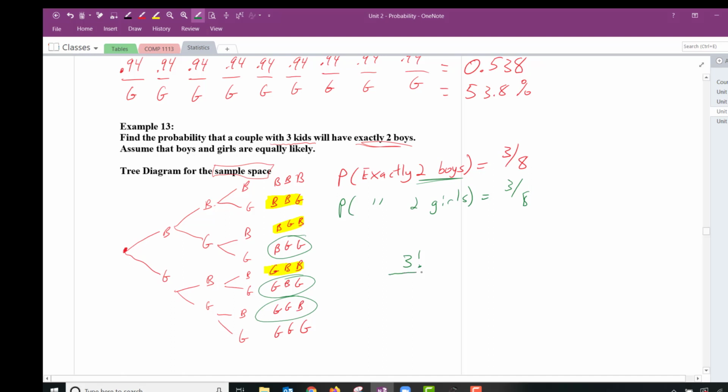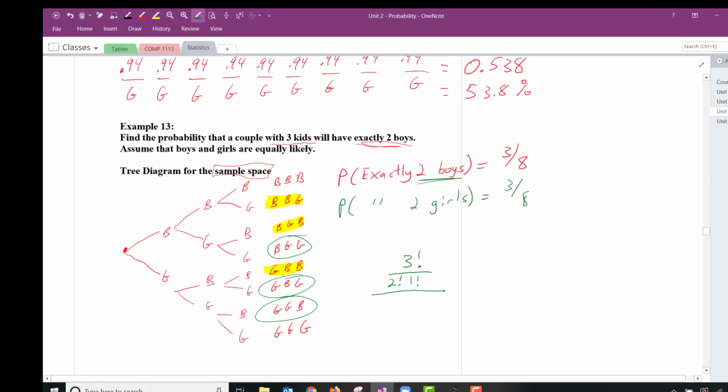So I need to account for that by dividing by the 2 boys in the group, who are indistinguishable because they make my group 2 boys and 1 girl either way. And then I have 1 girl. That's that Mississippi rule. That's the total number of ways of having 2 boys out of 3 people.